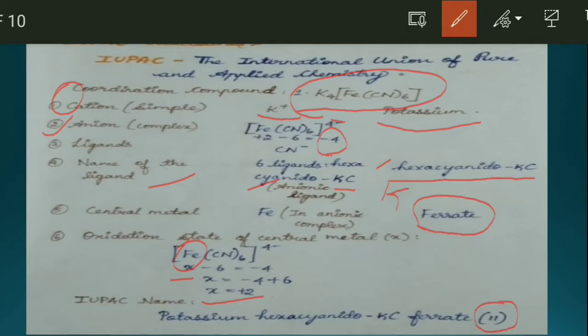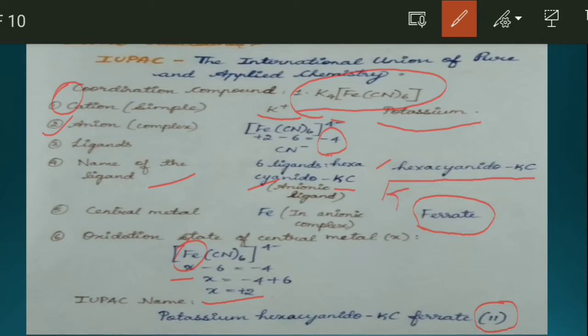This is the oxidation state. The oxidation state is written after the metal. By this way, we can easily name the coordination compounds. By doing more and more examples, we can easily name the coordination compounds.